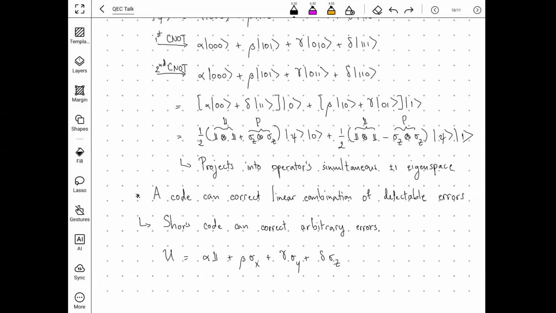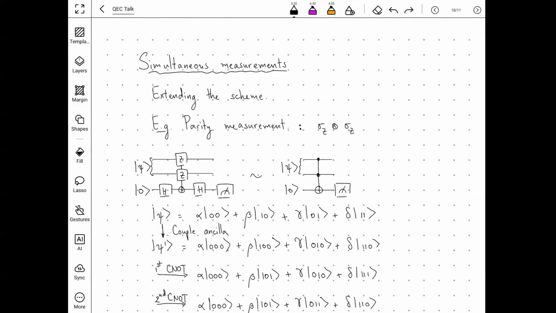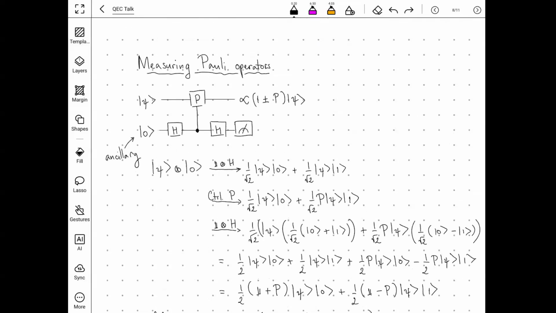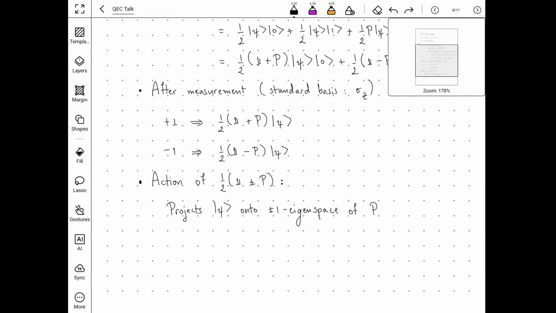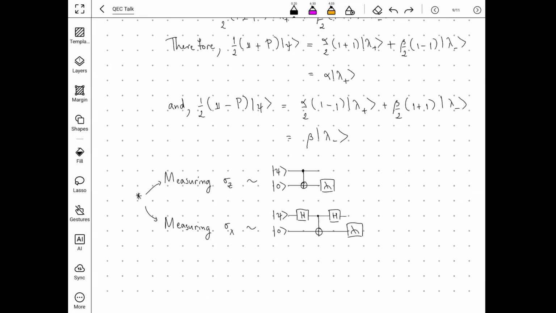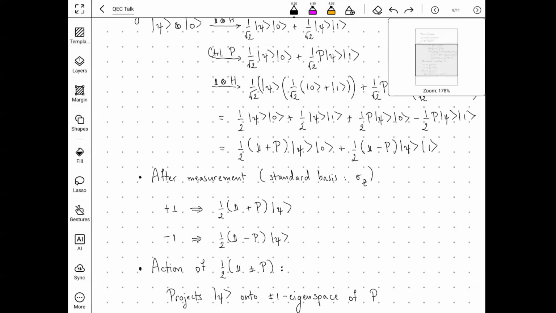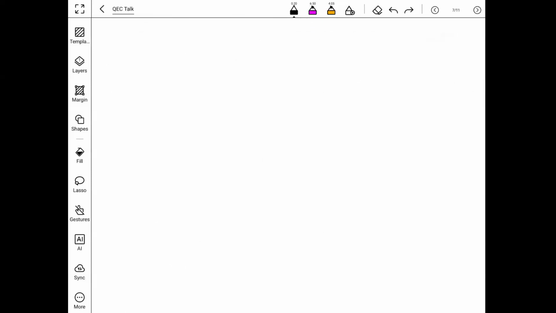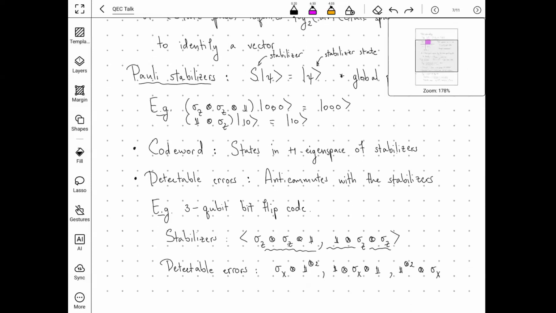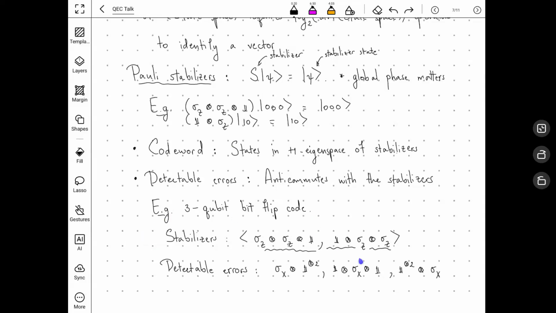We can actually go back to the 3-qubit bit flip code and see that these generators that I've mentioned here, which are the stabilizers, correspond to how the 3-qubit measurement is measuring the ancilla, right?